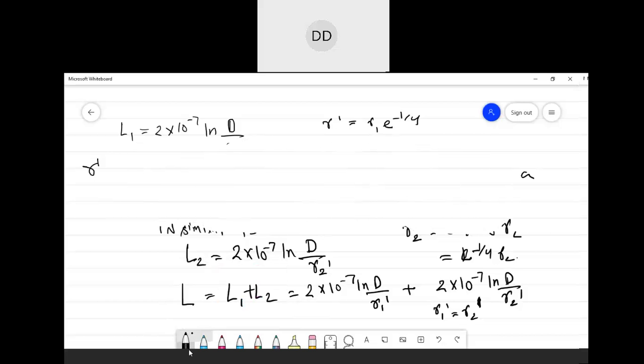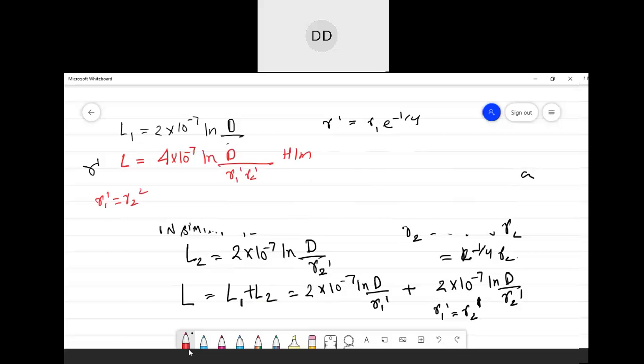Now let's write down. I can write 2 into 10 power minus 7 plus 2 into 10 power minus 7, that is 4 into 10 power minus 7, provided r1 dash is equal to r2 dash, and d is equal to the square root of r1 dash r2 dash. This is Henry per meter.